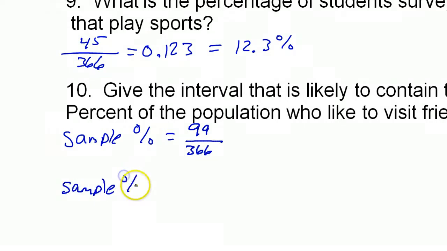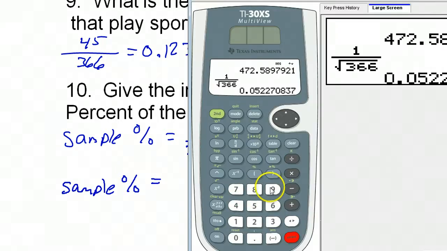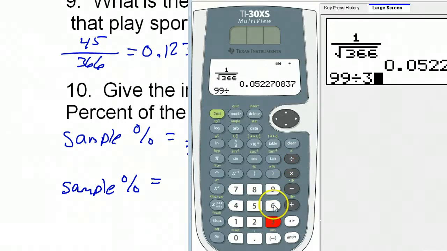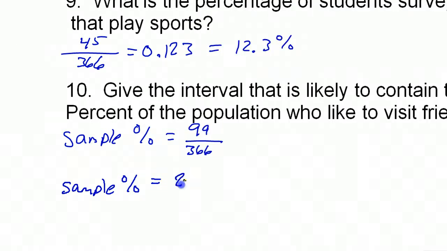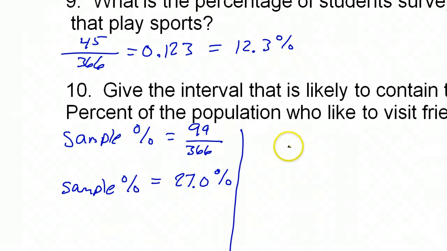So my sample percent, if I do 99 divided by 366, that's 27.0%. So that's the sample percentage of people who like to visit with friends.